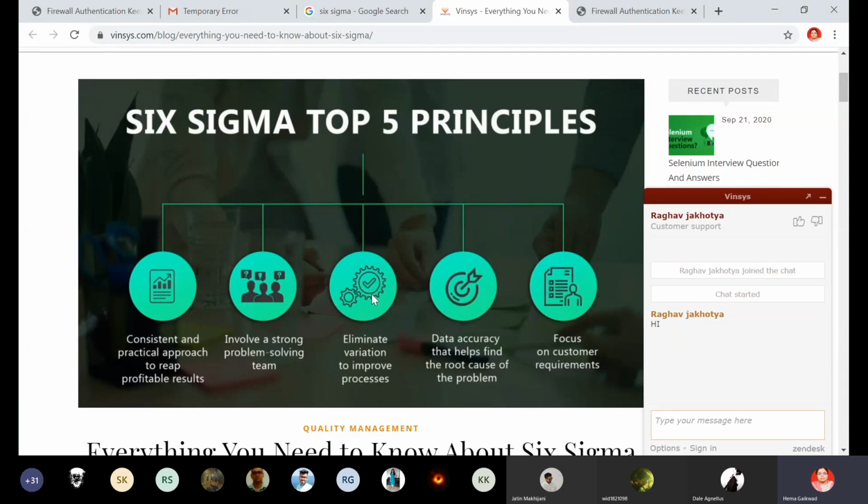So I hope this point is clear to you all. Is there any doubt about the principles of Six Sigma?